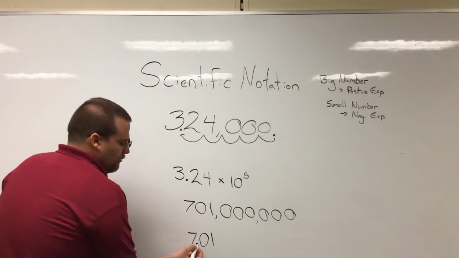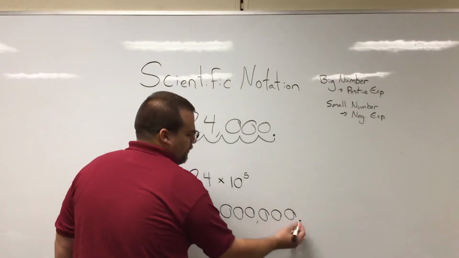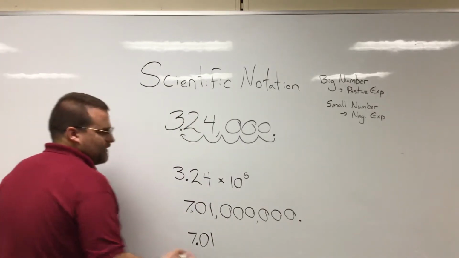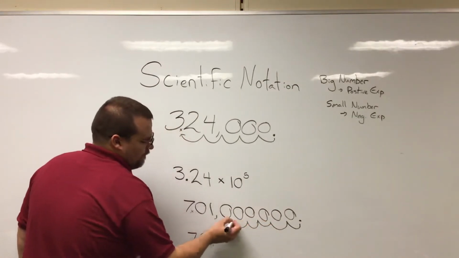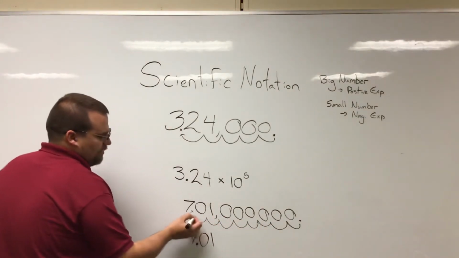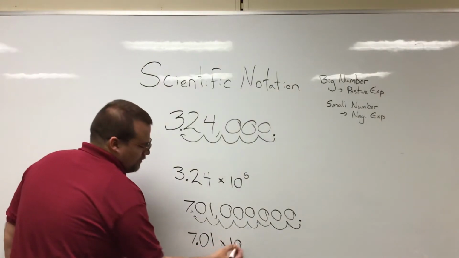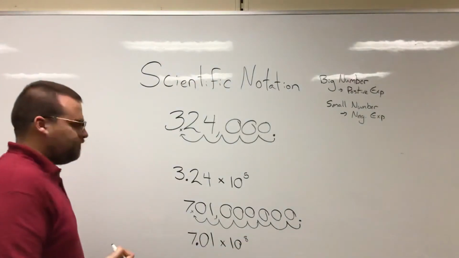But this is still where we put our decimal after the 7. So we look at where our decimal is now. We count how many times it would have to move to get right after that 7. 1, 2, 3, 4, 5, 6, 7, and 8. So 10, and since it's a large number, to the 8th power.